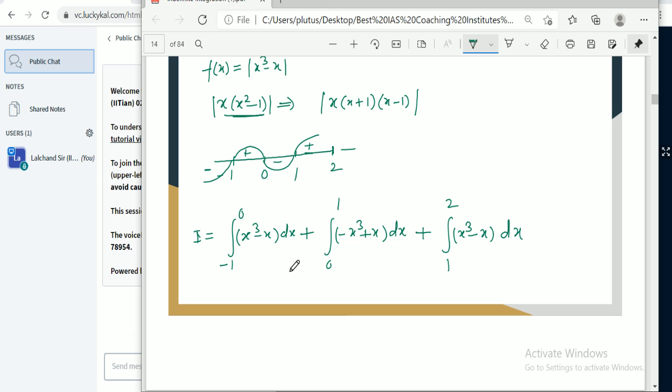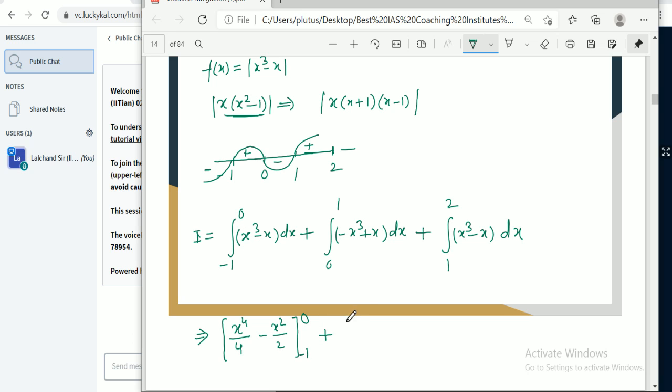Okay, so if you integrate this, then I have x to the power 4 by 4 minus x square by 2, from minus 1 to 0. Isn't it the first integral?